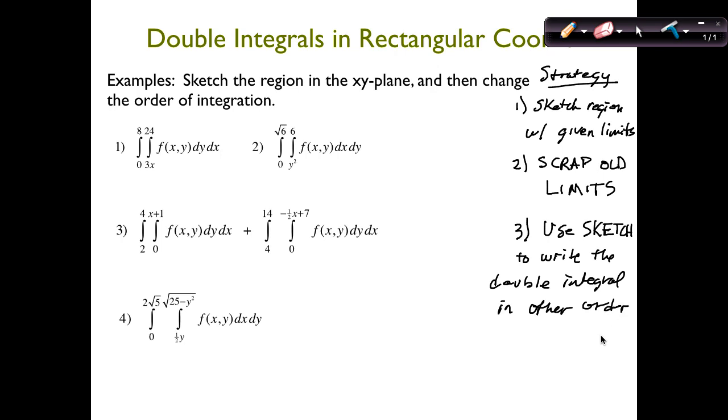So we're going to use the sketch to write the double integral in the other order. These are geometry problems. So you need that sketch, all the details, and then, like we've already done, once you have a good sketch, take that sketch and write your new limits of integration for the other order. So we'll do the first one together, and then we'll spend most of the class working on these others. So questions on the strategy?